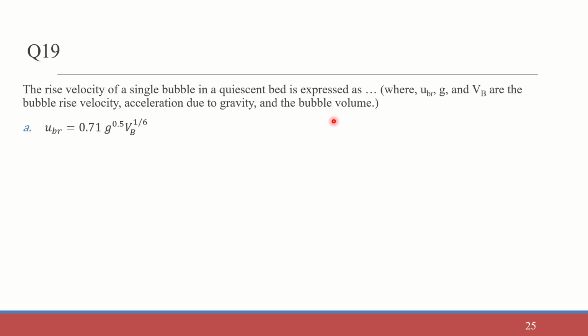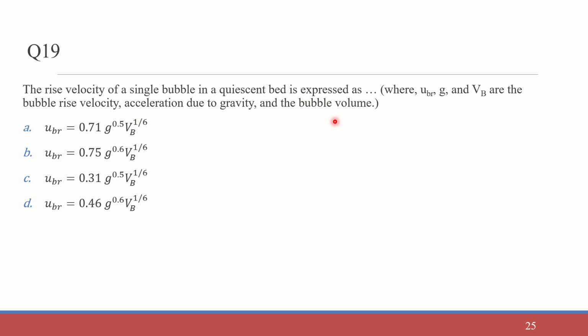Option A, UBR is equal to 0.71 into G power 0.5 VB power 1/6, and option B, UBR is equal to 0.75 G power 0.6 VB power 1/6. Option C, UBR is equal to 0.31 G power 0.5 VB power 1/6. Option D, UBR is equal to 0.46 G power 0.6 VB power 1/6.